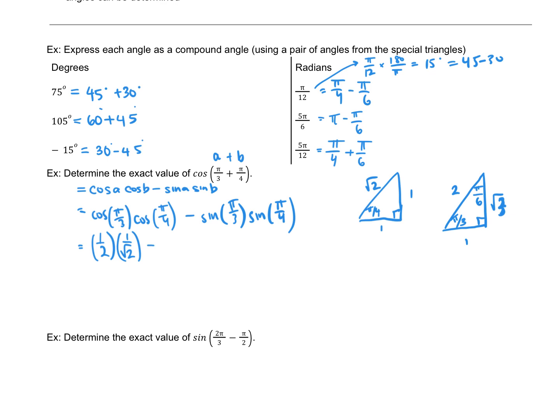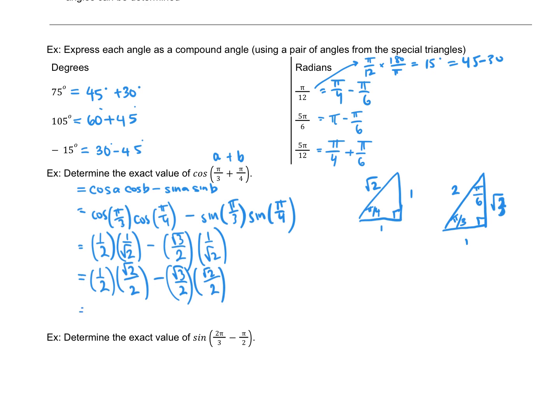Next, I will do the same angles, but for sine, so I'm going to do opposite over hypotenuse. From pi over 3, that's going to be √3/2. And from pi over 4, that is 1/√2. I'm going to rationalize my denominators for whatever fractions have radicals in the denominator first. And then I will multiply the pair of fractions.